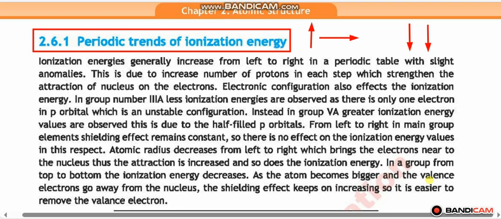So when we move from left to right in a period, the ionization energy generally increases, and when we move from top to bottom in a group, then generally it decreases. But there are so many factors which may affect the ionization energies, and the trend may not be regular, as we will see here.